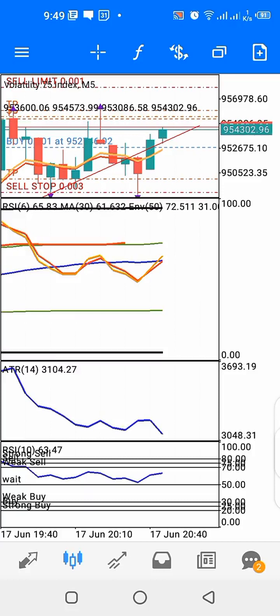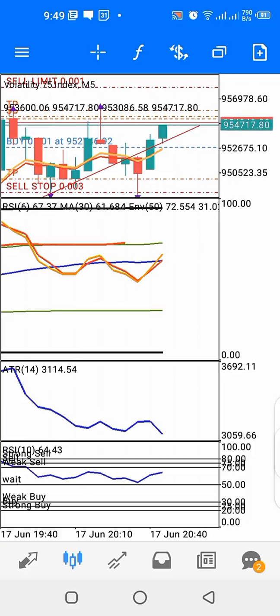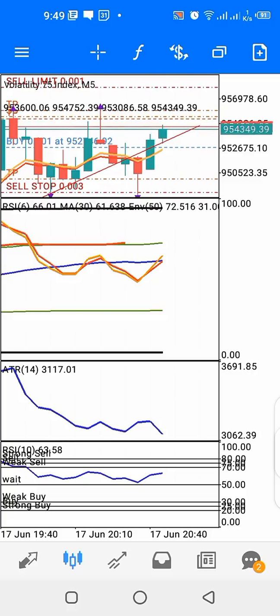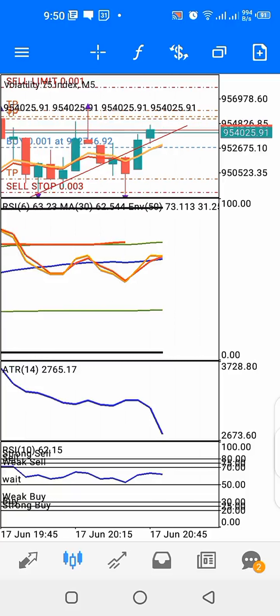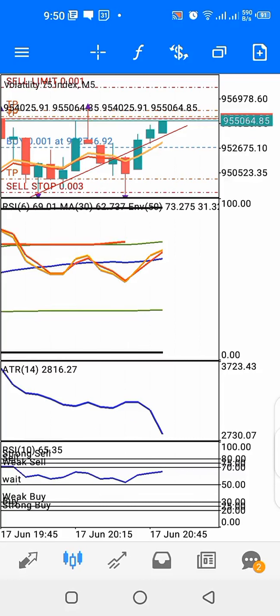So if price triggers my take profit, what I will do next is first of all delete the running sell stop order. Price is about to get to my take profit, and I'll continue to monitor if it will trigger. For the sell limit, you place it above price, and you expect price to touch your sell limit and go down.